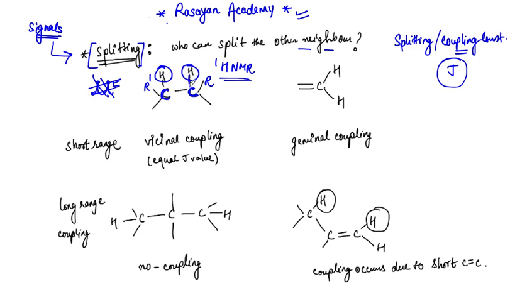We also call it the three bond coupling, or the 3J value we also call it. Okay, so this is our three bond coupling because we are having three bonds over here, right? So the peak for this hydrogen, which we were getting one peak for, is going to be split by the neighboring hydrogen over here, by the formula 2nI plus 1. This is how we are going to split the peak for this one.